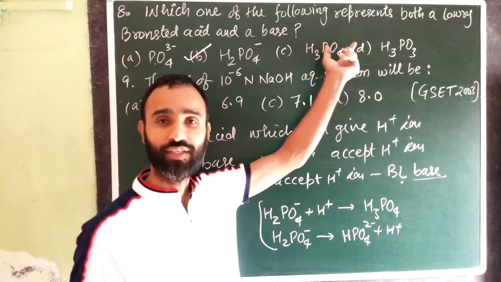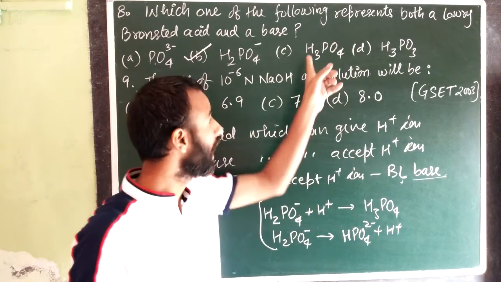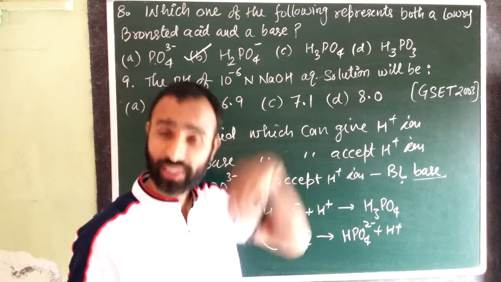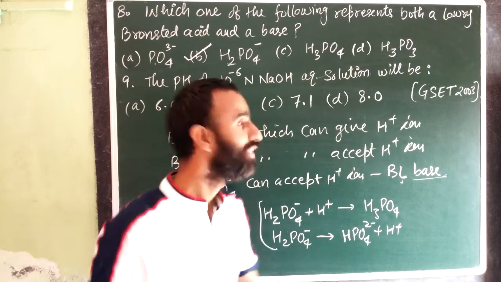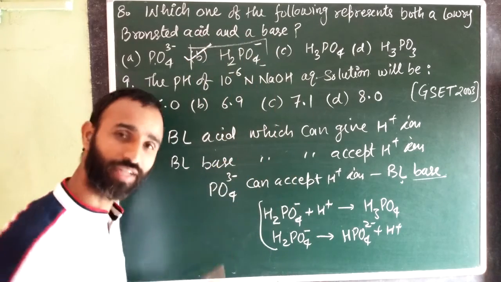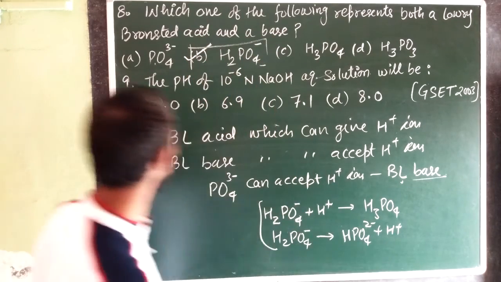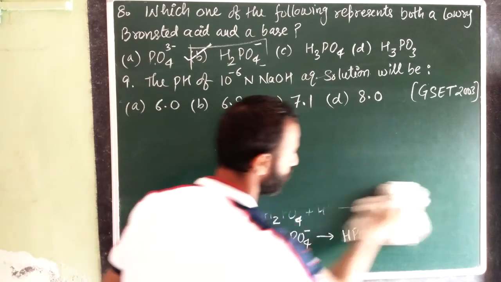What about this? It acts as a Bronsted-Lowry acid only because it can give H plus ion but will not accept. Same in the case here. Got it? So option B is correct. Right? Now question number 9. Both are from GSAT 2003.